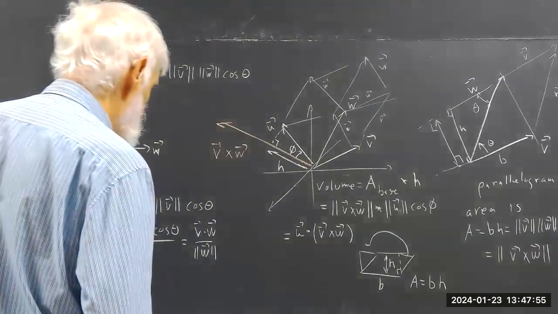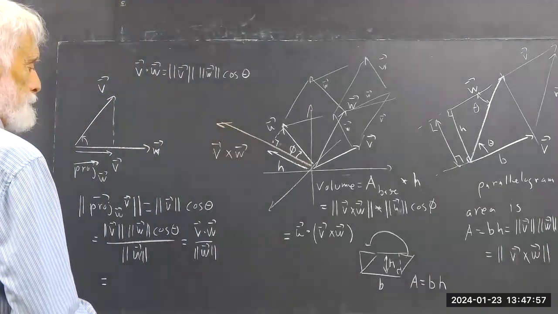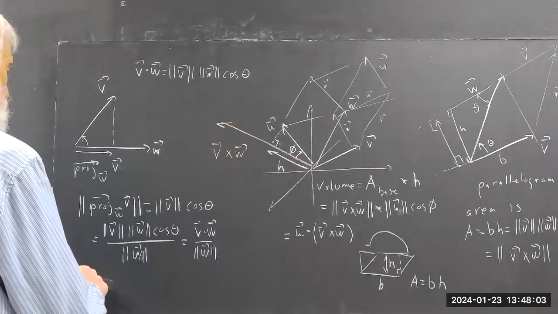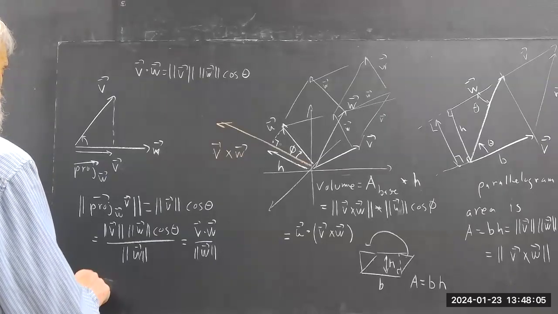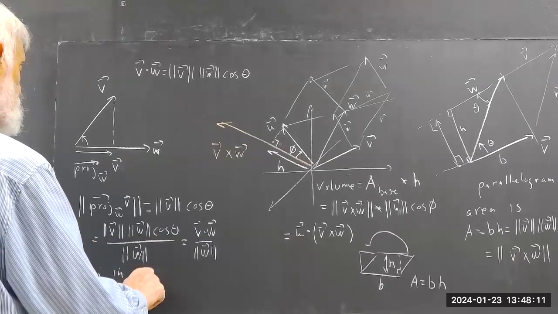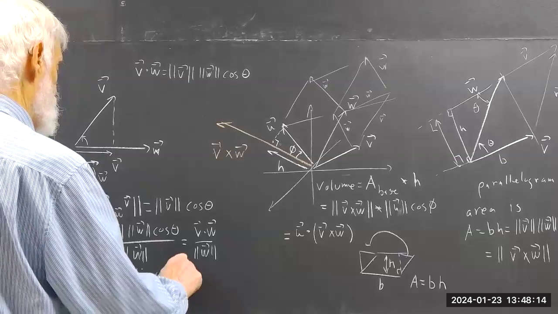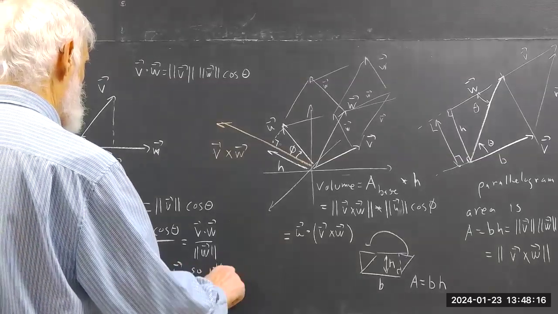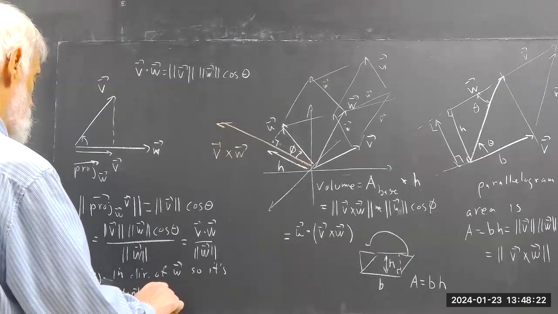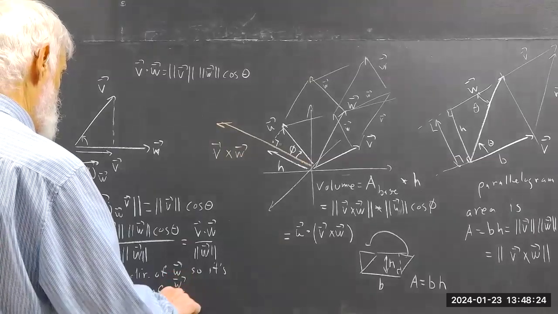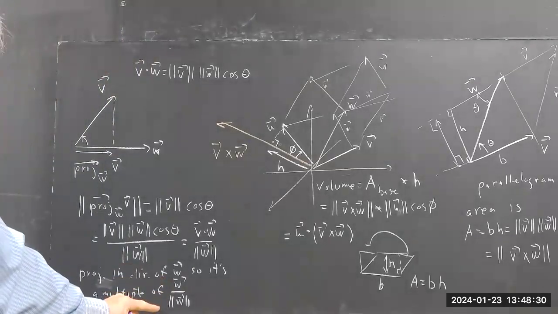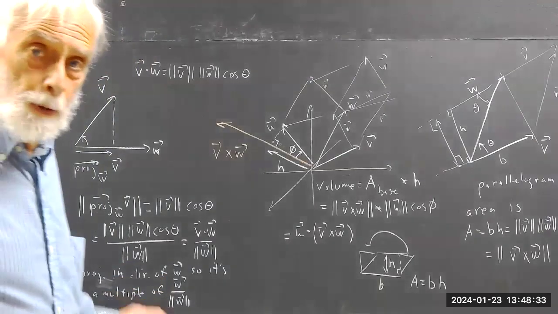Which of course is the same. The projection is in the direction of W. That's a multiple of W over the magnitude of W. Now, what do you call W over the magnitude of W?